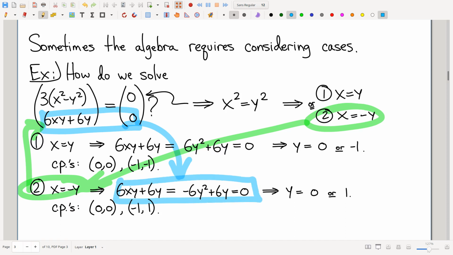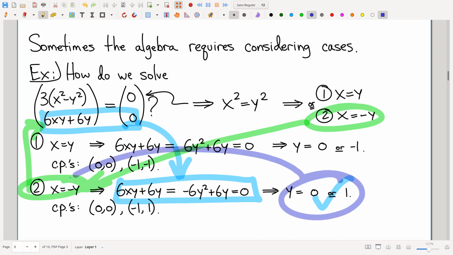Right? And you get different corresponding values of y. And thus, when you take those values of y and plug them into the condition, and again, don't plug it in up there, right? We're not doing case 1 anymore. You plug it into case 2, and out comes 2 more critical points. All good? Okay. All right.